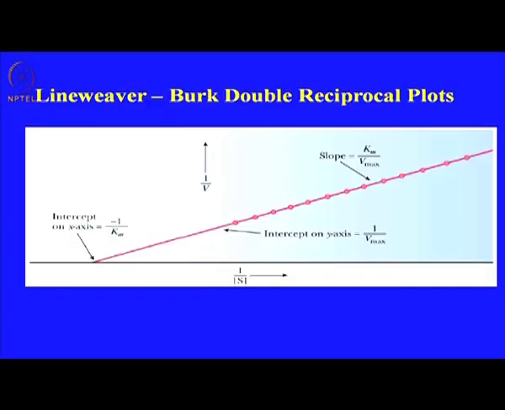This hyperbolic plot is sometimes difficult to deal with, so we use a double reciprocal modification. When we do a double reciprocal plot, it becomes a linear plot, and from the slope, intercept, and x cutting point, we can find out the values of Km and V max.